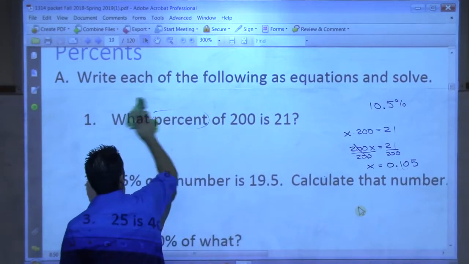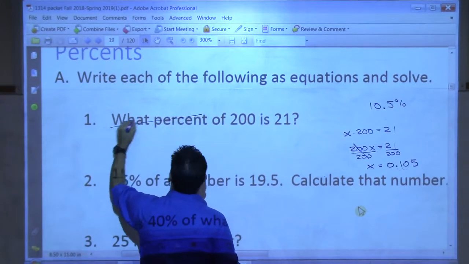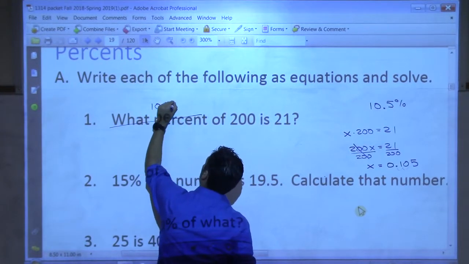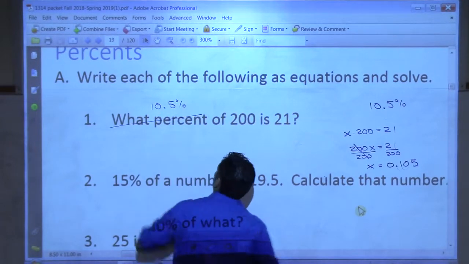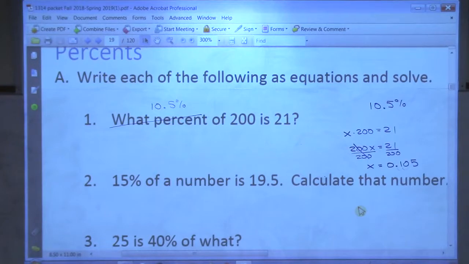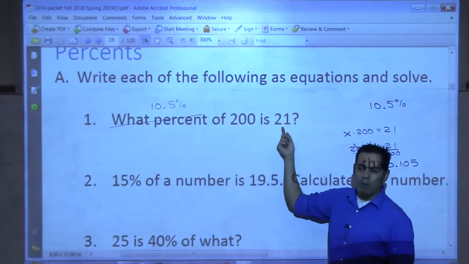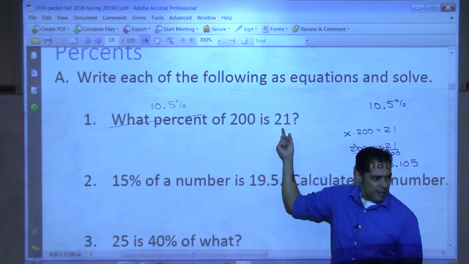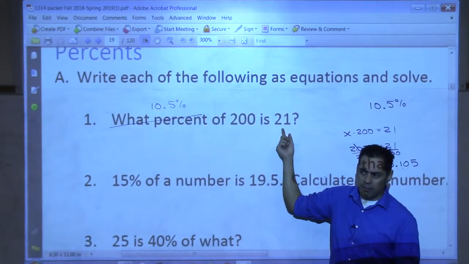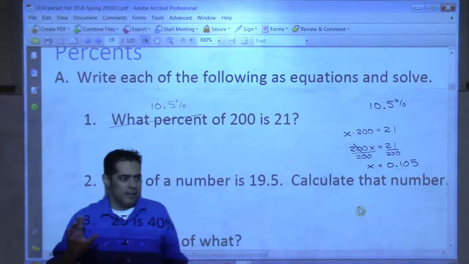All right? So what I like to do when I'm done with a problem like this is to come back here, cross this out, put my answer here, and read it to myself again to see if it makes sense. 10.5% of 200 is 21. Does that make sense to you? 10% isn't much, right?